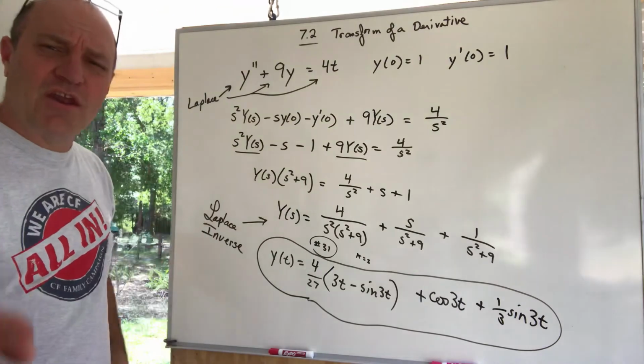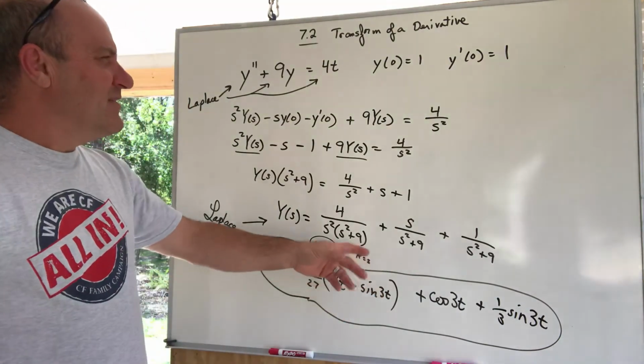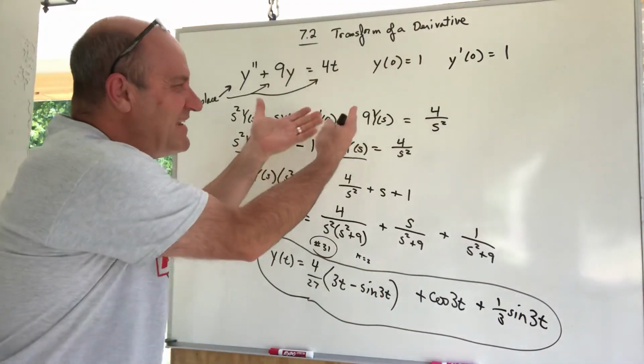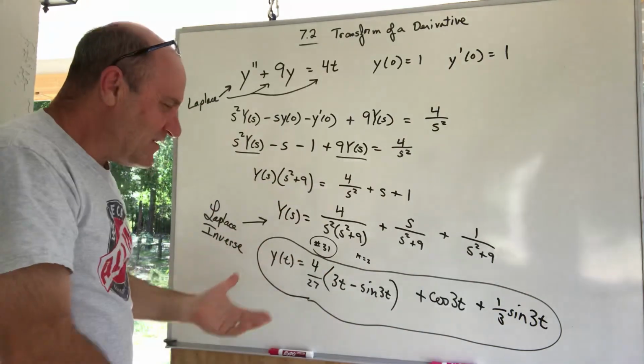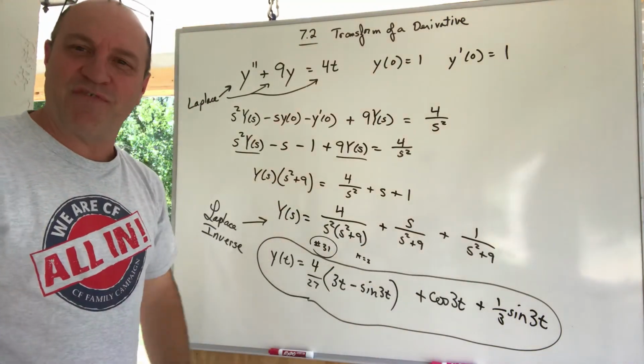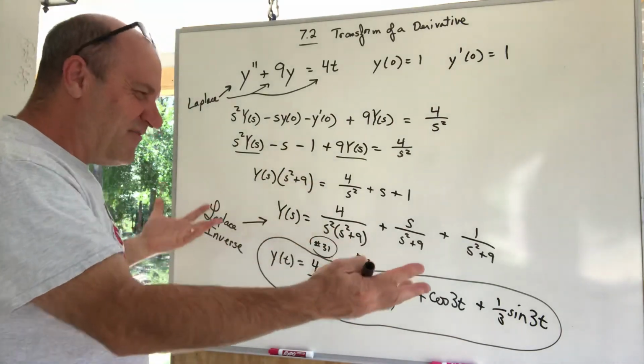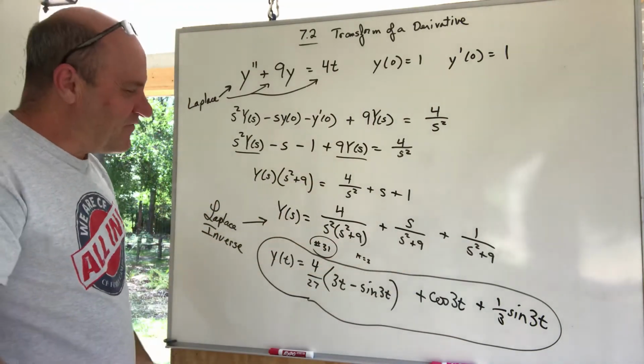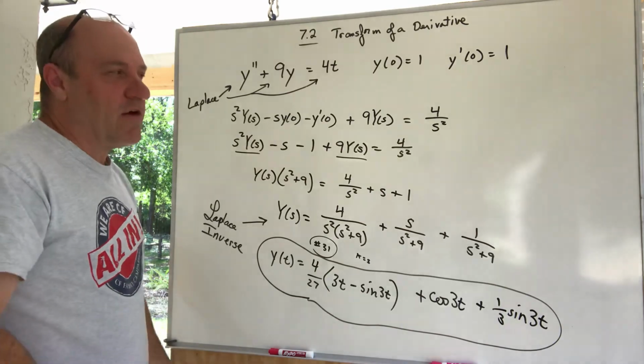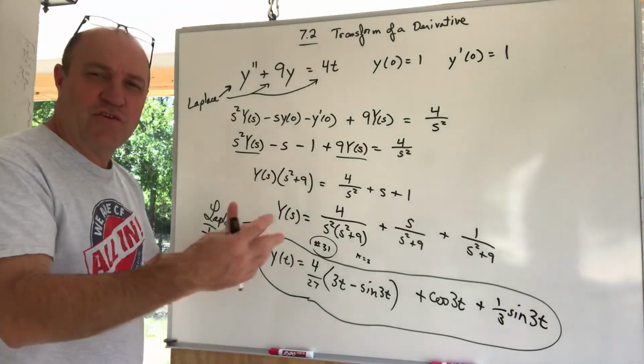It's so interesting. Notice the initial conditions are built into the process. At the end, there's no C1 or C2. You don't have to apply the initial conditions. It's done for you somehow. And it feels very algebraic. It feels like you're not doing any calculus, not integrating.